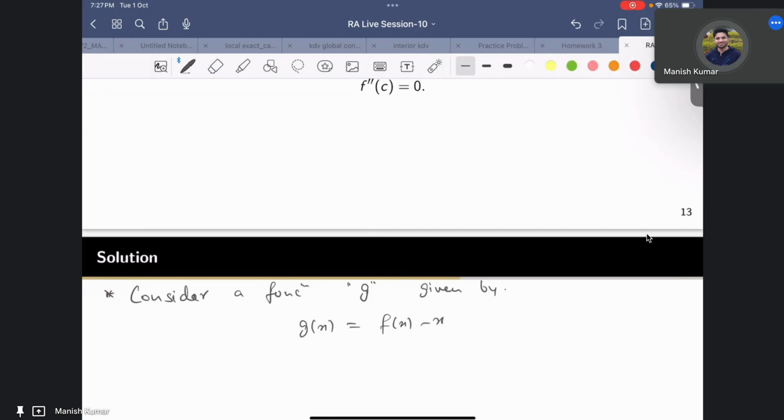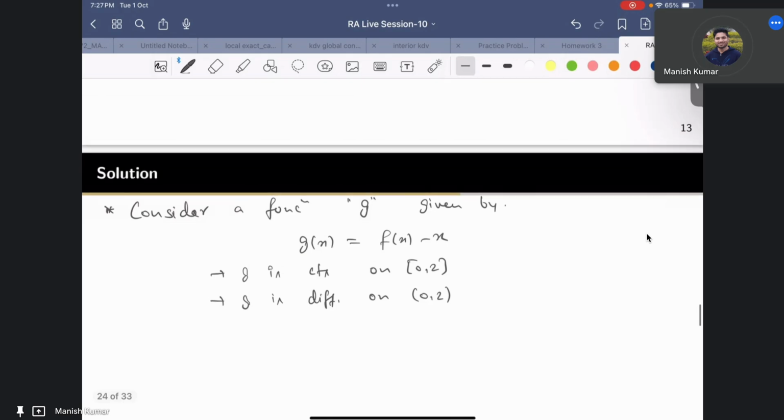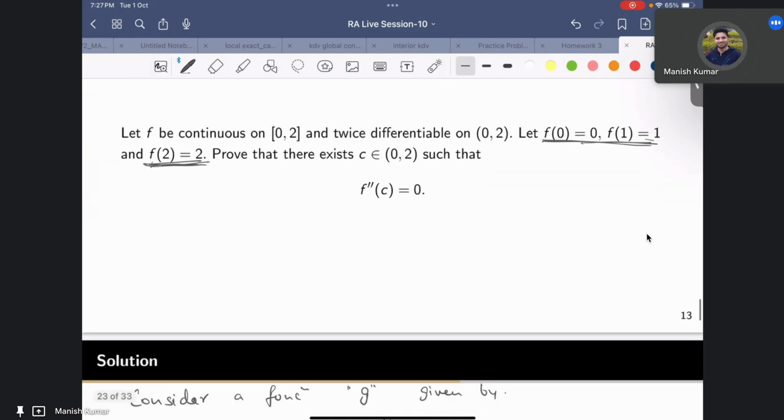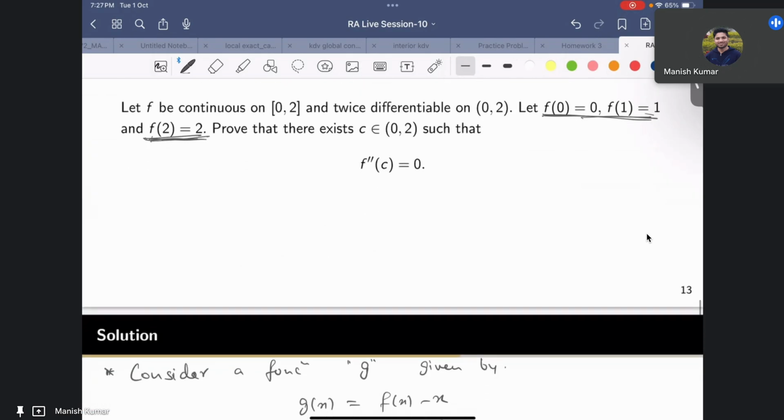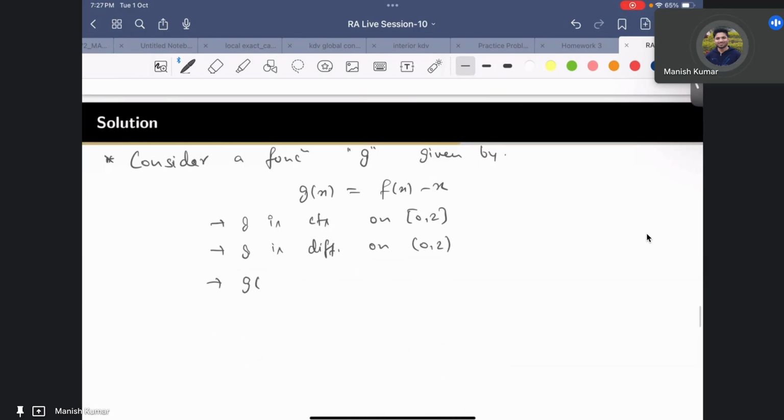Then clearly the same property will be true, that g is continuous on 0 to 2, and g is differentiable on the open interval 0 to 2. Okay, and using the properties f at 0 is 0, f at 1 is 1, f at 2 is 2, what you can say is that g at 0 is 0, g at 1 is 0, and g at 2 is 0.